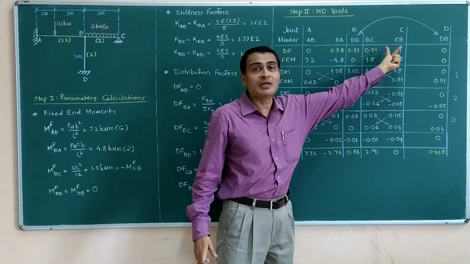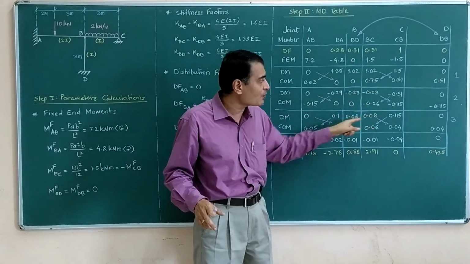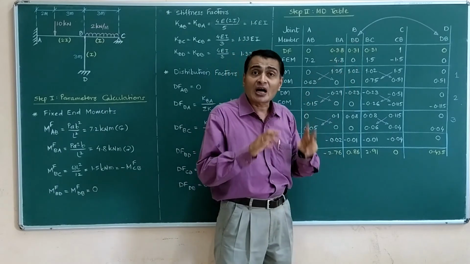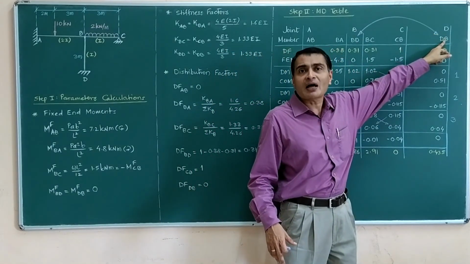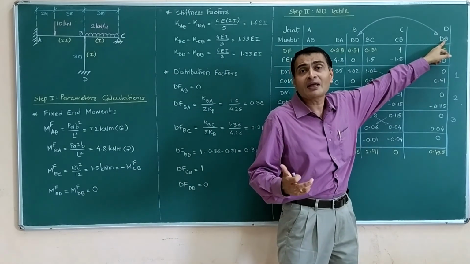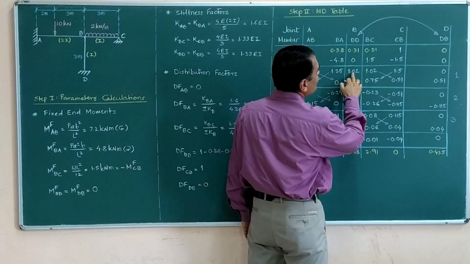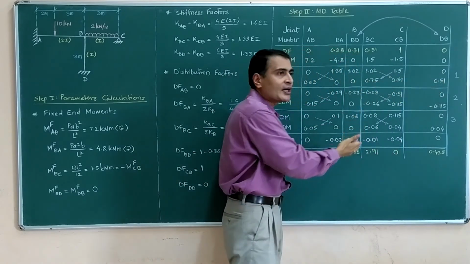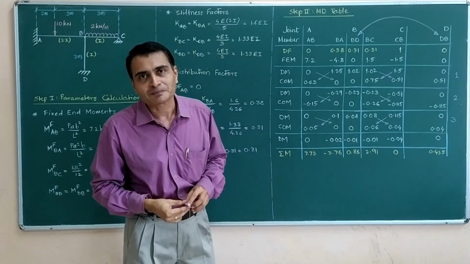BC and CB should be your neighboring entries, so that the carry-over portion is very simple, and of BD, the counterpart at joint D, we write far away, that is our DB, and then half of this distributed moment goes here, half of this comes here, and so on, as we actually saw while writing this table.